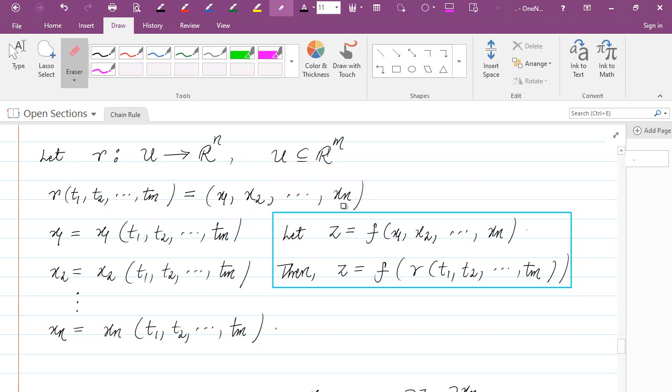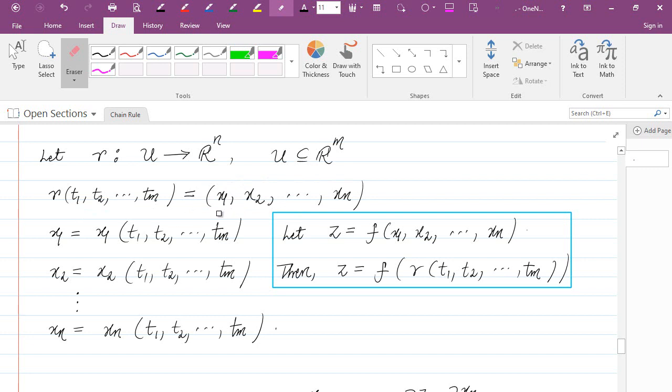So notice that each of the components of the output here can be thought of as a real valued function of these input variables t1 up to tm.